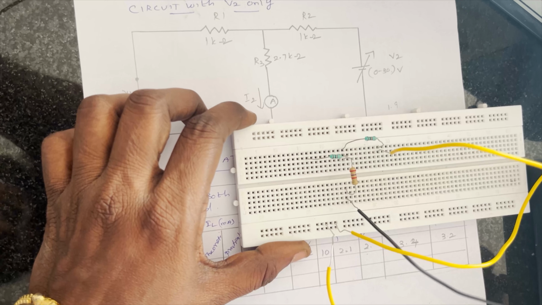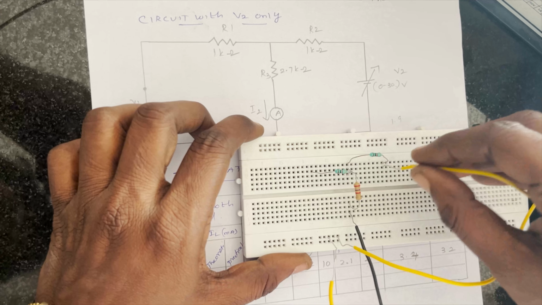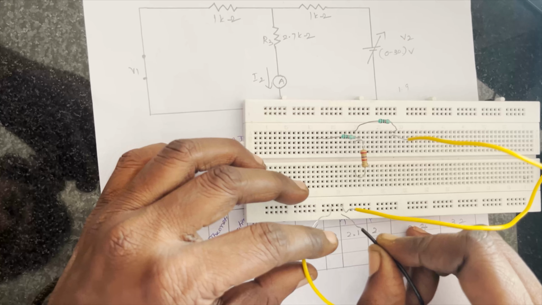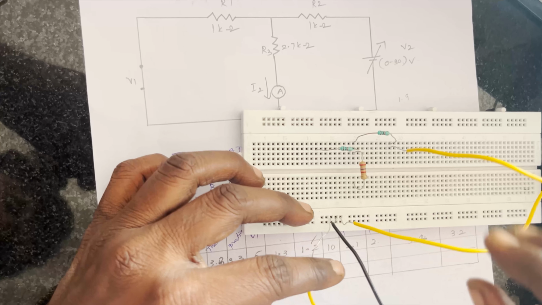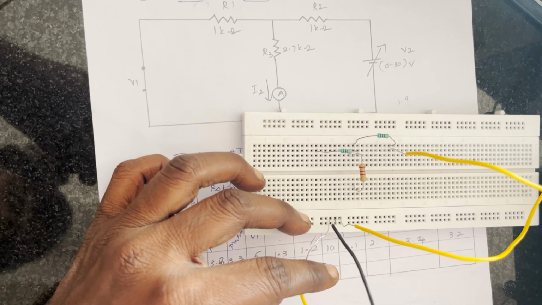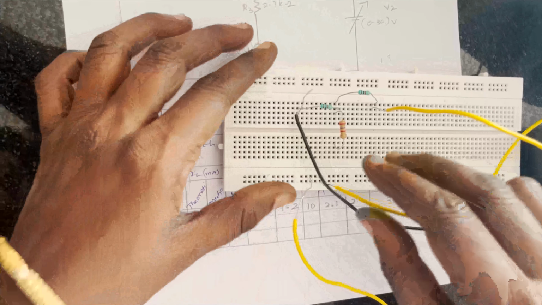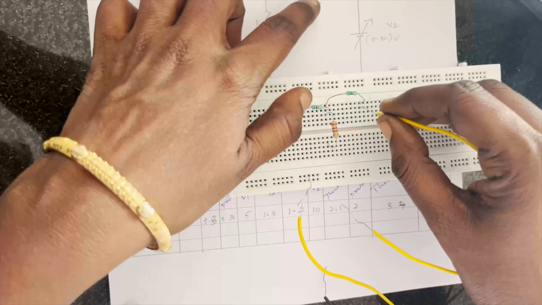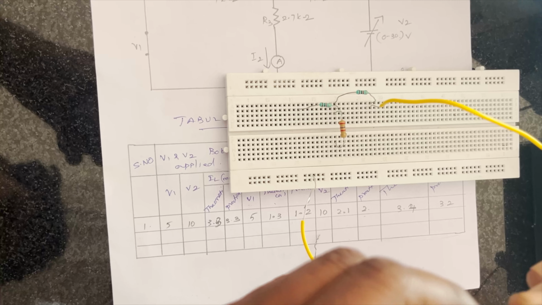So positive line is connected to the R2 end and the negative line is connected to the R2 negative.